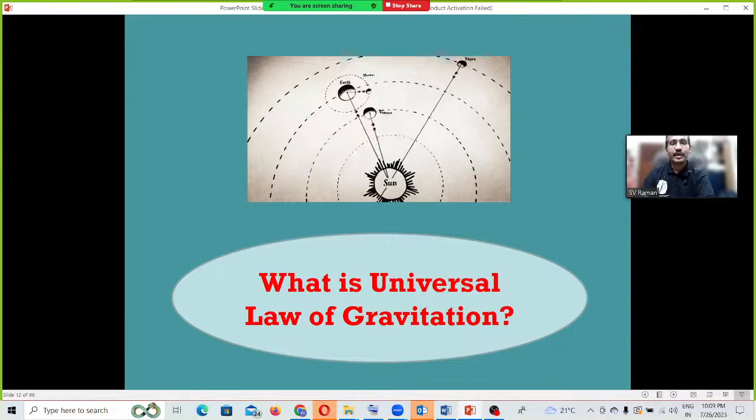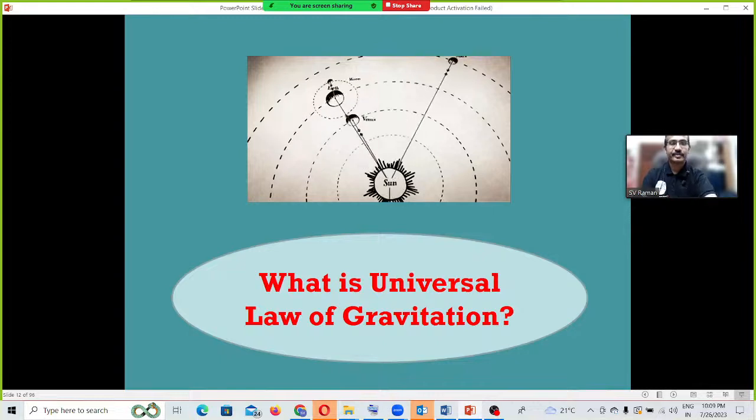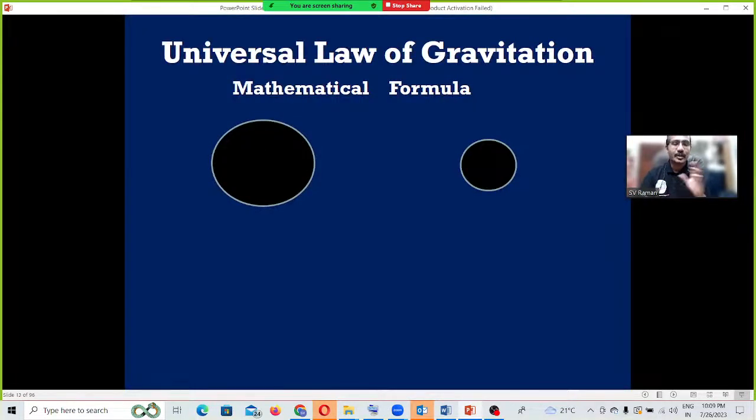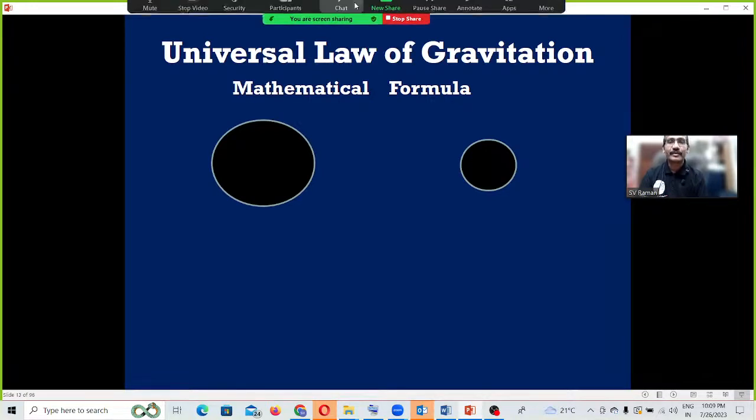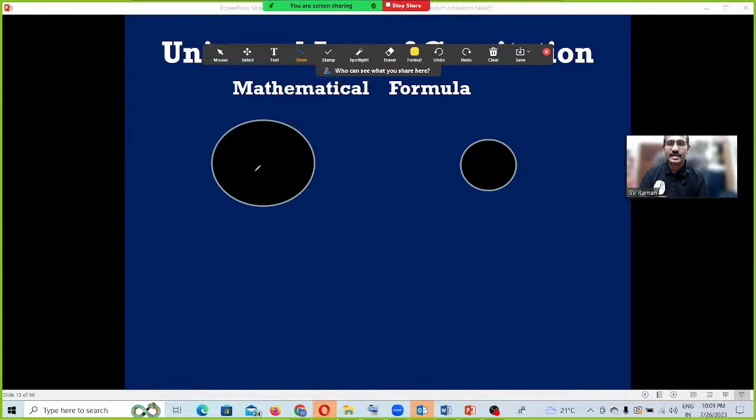Now there is a question: what is the universal law of gravitation? You can see there are two masses, m1 and m2, placed at a distance r.